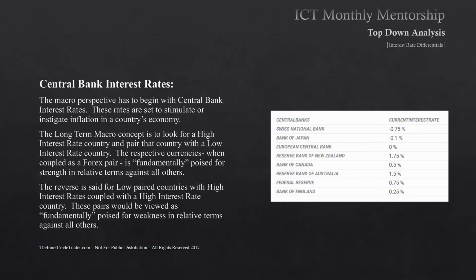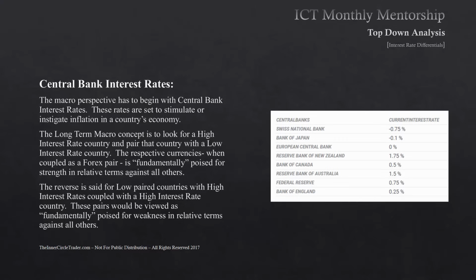When you look at the list, obviously it's a rather anemic list of interest rates in the current state of the global economy, but generally there's always going to be a higher interest rate in one country versus another.